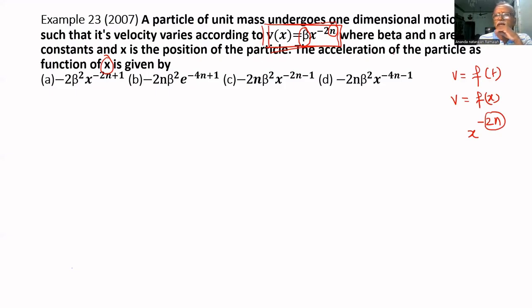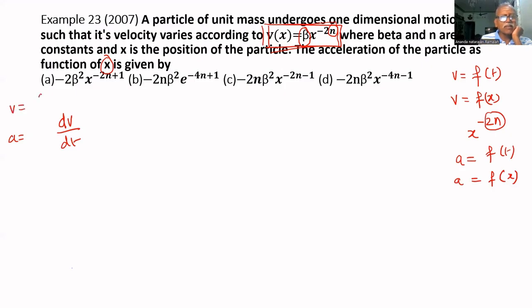The acceleration of the particle as a function of x. Suppose if the equation is given in terms of time, acceleration also will be a function of time. But here we have to find acceleration in terms of x. Acceleration equal to dv by dt.